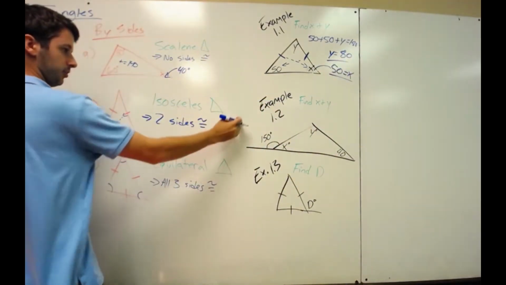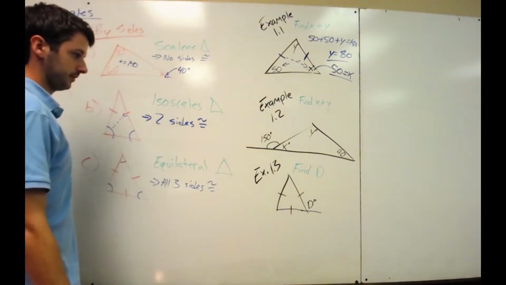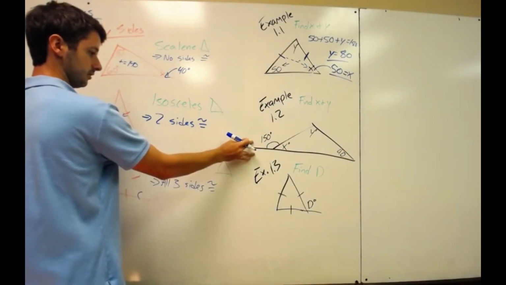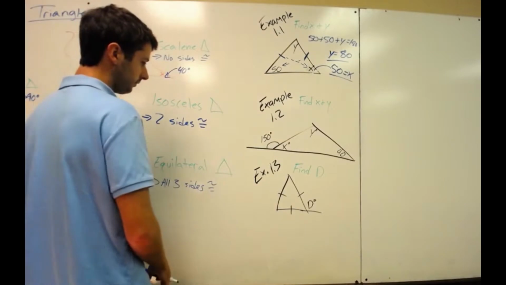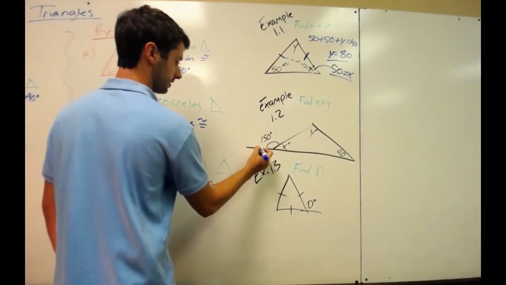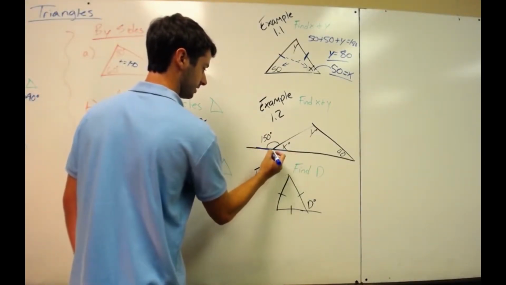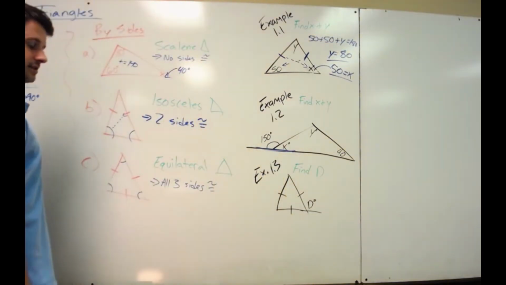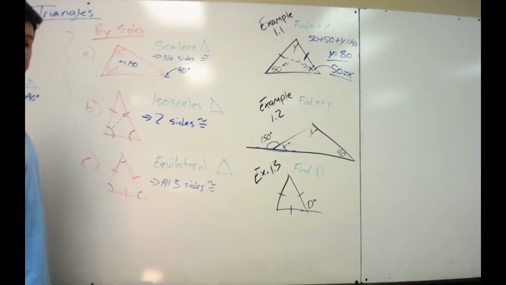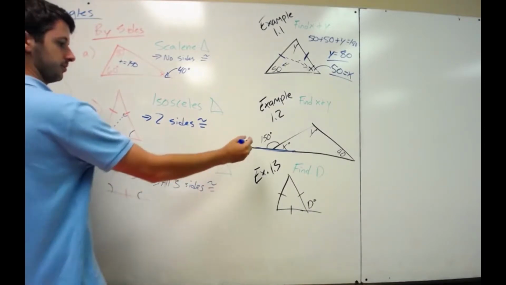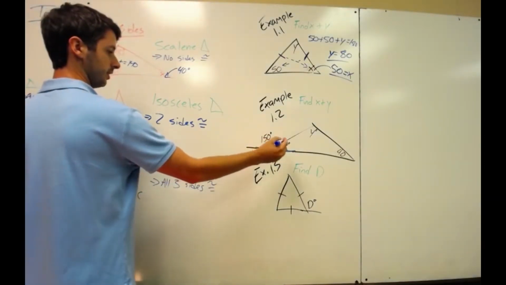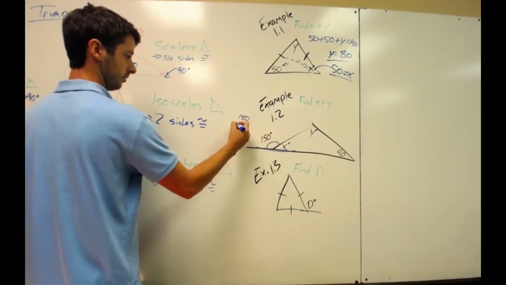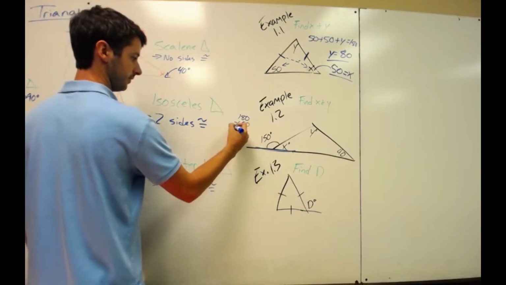Let's look at example 1.2, a little bit different. It says find x and y. It gives us one angle exterior to the polygon. Well, this is simply a line. And we know that all lines are 180 degrees. So if this part of the line is 150, we simply need to do 180 minus 150.